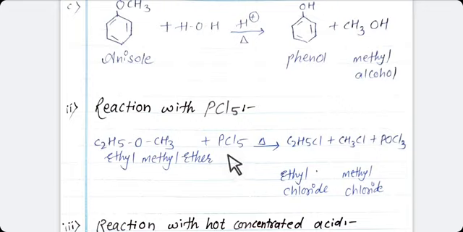Ethyl reacts with one of the chlorine atoms to form ethyl chloride. Methyl reacts with one of the chlorine atoms to form methyl chloride. So what is the remaining here? Phosphorus, oxygen and 3 chlorine atoms. It forms POCl3, means phosphorus oxychloride. So this is the reaction where ether reacts with phosphorus pentachloride and forms alkyl chloride.